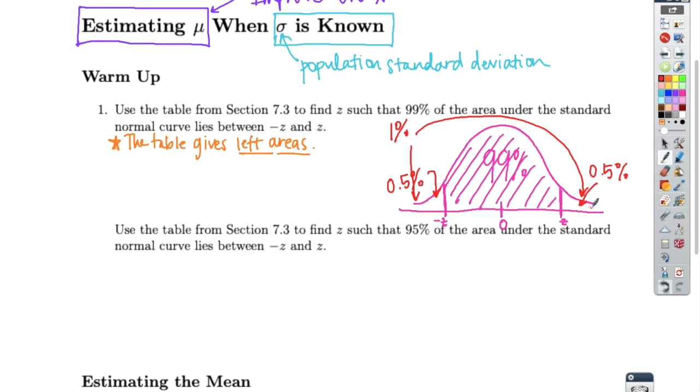And that's what would give us that total of 1%, and that together with 99% makes up the whole curve. Okay, so let's think about how we can take this and turn this picture into a left area problem. As I said, there's two different ways. One of the ways that you can do it is to say, well, from this negative z-score, this negative z, the left area is 0.5%, or in other words, the area is 0.0050.